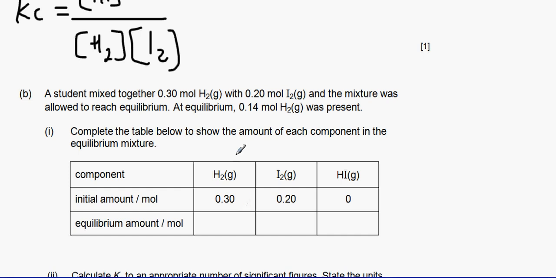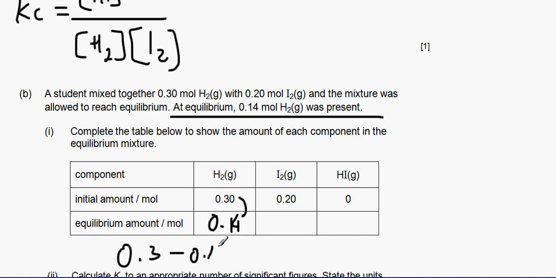So, at equilibrium, 0.14 moles of H2 was present. So we can write that there. Because at equilibrium, that amount of moles was present. So, how many moles was used up? A simple calculation, 0.3 minus 0.14 will give us 0.16. So 0.16 moles of hydrogen gas has been used up.